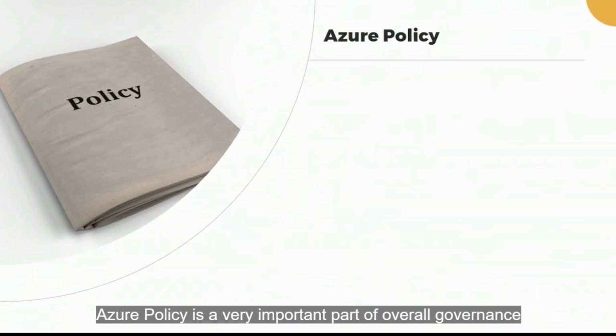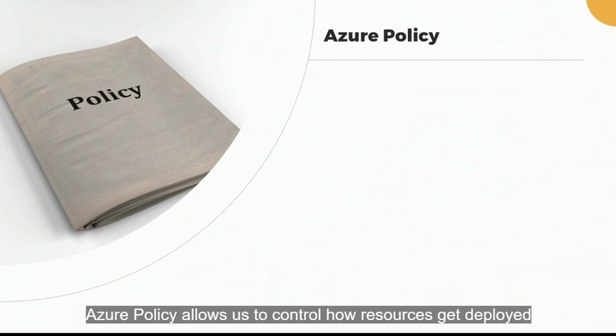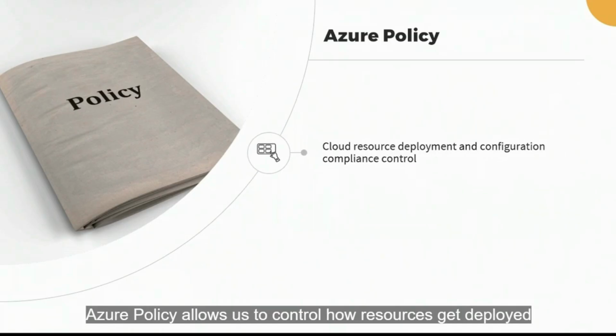Azure Policy is a very important part of the overall governance of your Azure environment. Azure Policy allows us to control how resources get deployed and how they are configured over time so that they become compliant with some kind of standard configuration baseline or security baseline that we want to enforce in the organization.